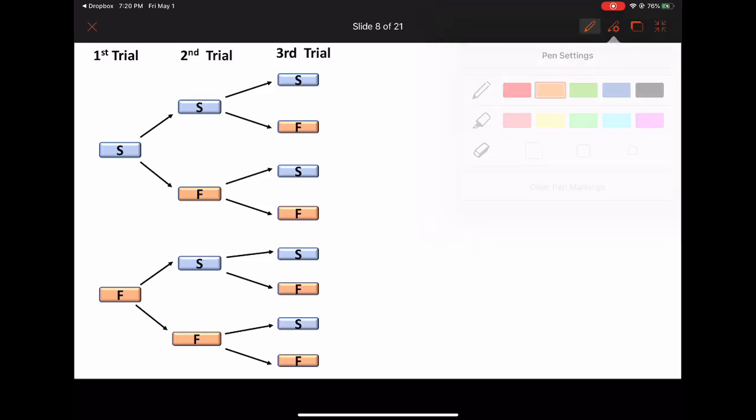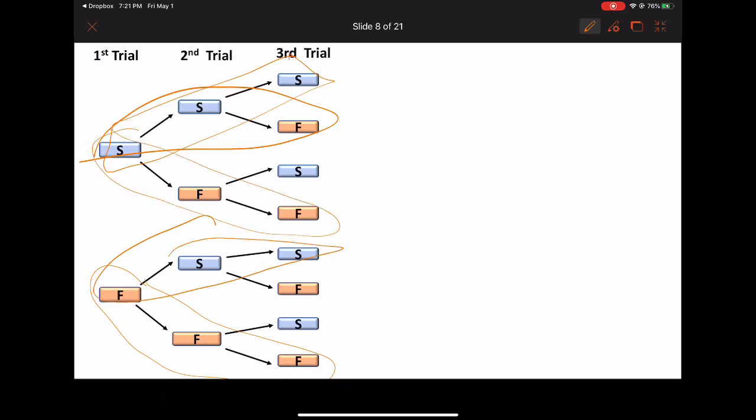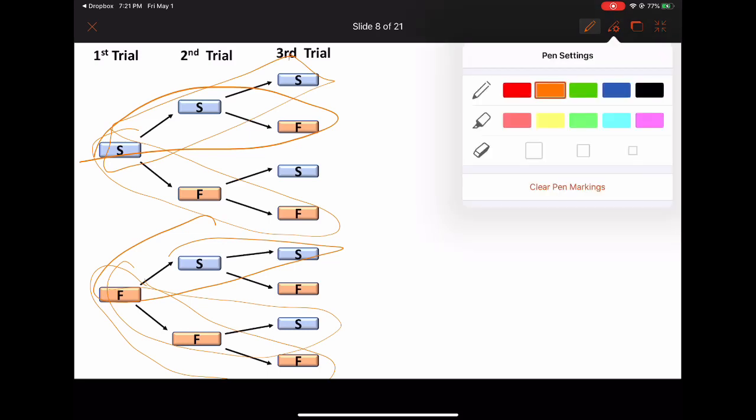Here I could have all 3 successes, all 3 are failures. I have a couple of different ways that I could have 2 successes and a failure. I have a couple of different ways I could have 1 success and 2 failures. So you see all of the different combinations I have here.